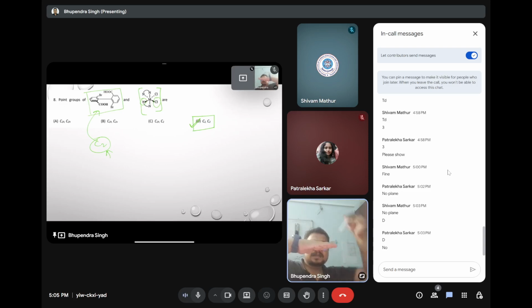So it is like M, away from me N, towards me N in the plane. Above the plane Cl is here, below the plane Cl is here. Above the plane N is here, below the plane N is here.